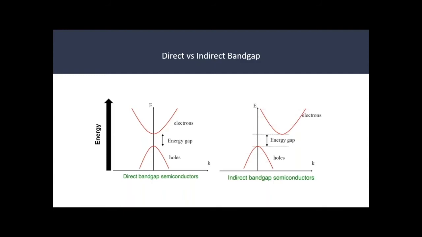So this overall means that direct band gap semiconductors use less energy to generate electricity because they only require a photon to make a jump, while an indirect band gap semiconductor uses more energy due to the fact that they require a photon and a phonon. So overall, a direct band gap semiconductor will be more efficient.